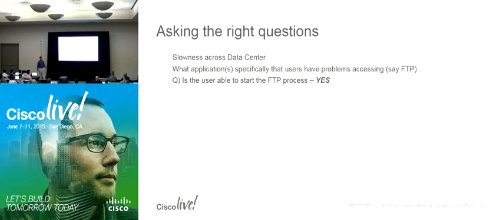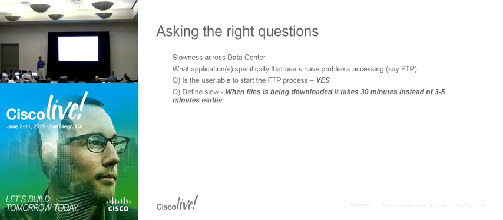And the customer was like, yeah, we are able to log in, but the files which took 2 or 3 minutes are now taking 30 minutes, the exact same file. It's the exact same server, the exact same user. The only thing that's changed is from the 6500 to the Catalyst. And we see that it takes 30 minutes instead of 3 or 5 minutes. And I was like, okay, yeah, that is a problem, sure. And yeah, they were blaming the Nexus. They were like, isn't this supposed to be a very fast platform? But anyways.